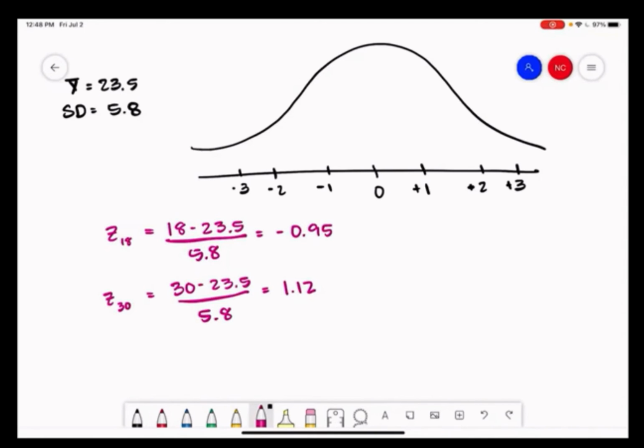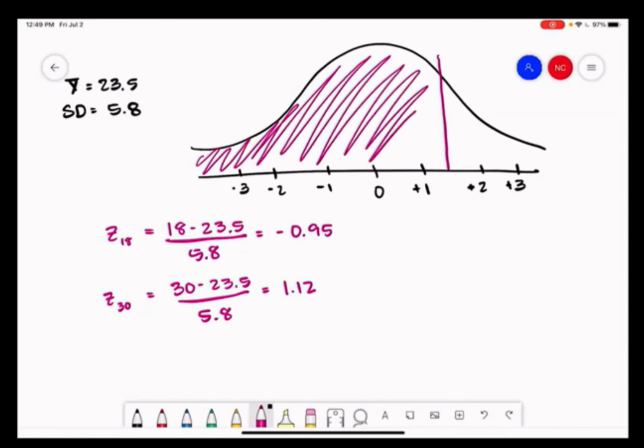So then we look these values up on our table, right? Or first, let's actually fill this in. So 1.12, right? If we're going off the z-score, sure, let's say it lands there. The z that we look up in the table is going to give us this entire area.